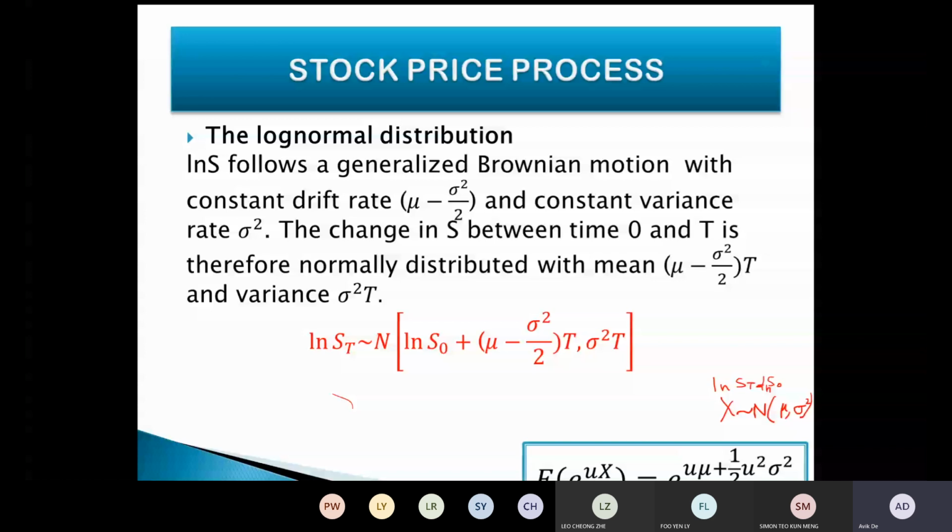You try to check the previous notes. If you cannot understand this one, I can do it again and send it to you. So using this formula, if log S_T is like this, then the expectation of S_T is like this and the variance of S_T is like this. If you cannot understand this part, I'll try to explain again later.